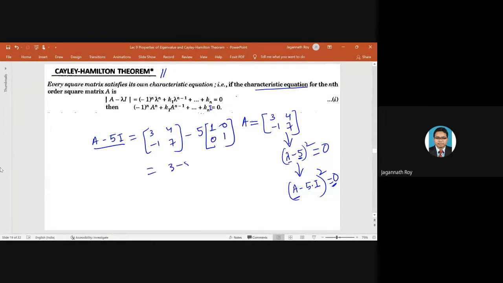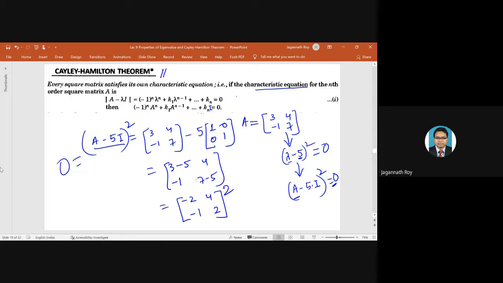So 3 minus 5 is minus 2, 4, minus 1, and 7 minus 5 is 2. Sorry, this last entry is plus 2. Our aim is to show that the square equals 0, so let us take this square.